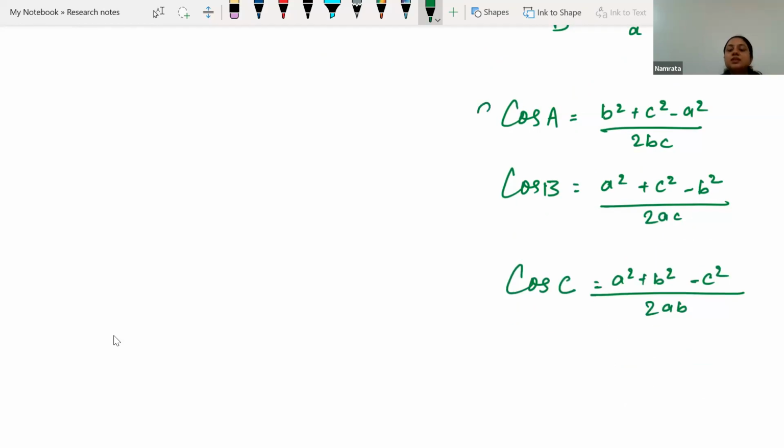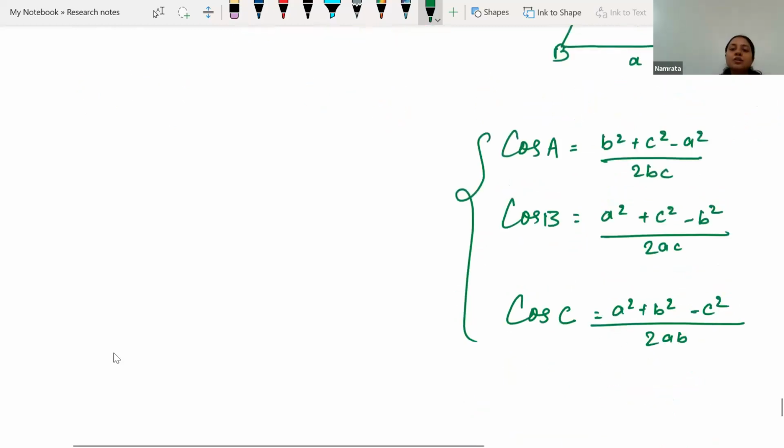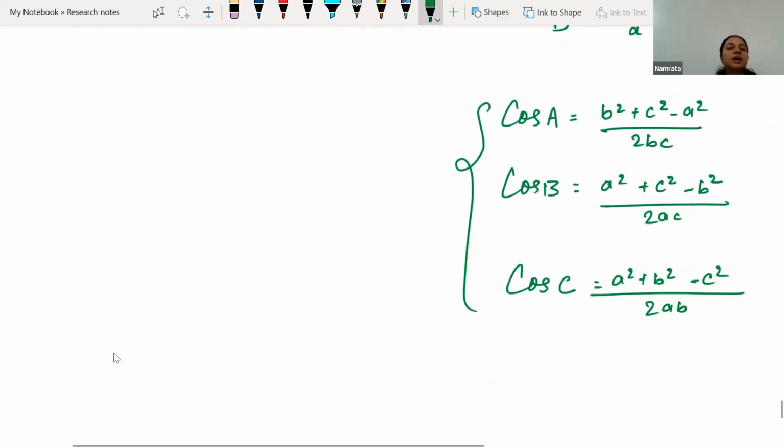These are the cosine formulas for finding angle A, angle B, or angle C, whichever is required. If we have to find angle A and all the sides are known, this formula can be applied. If angle B, this formula; if C, this one. So when sides are known and we have to calculate the angle, this formula will help us.